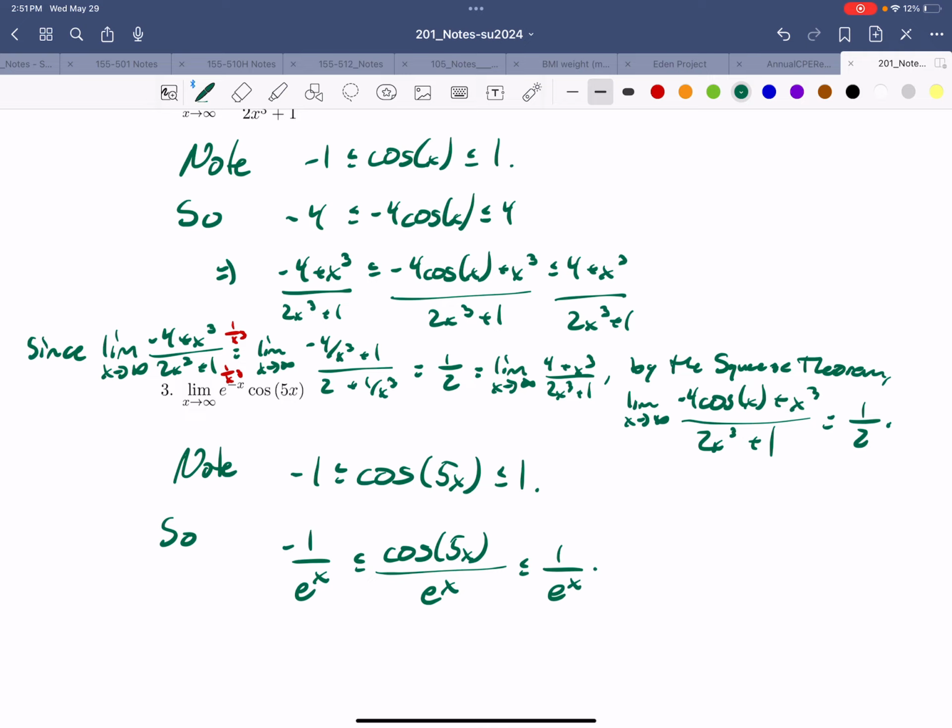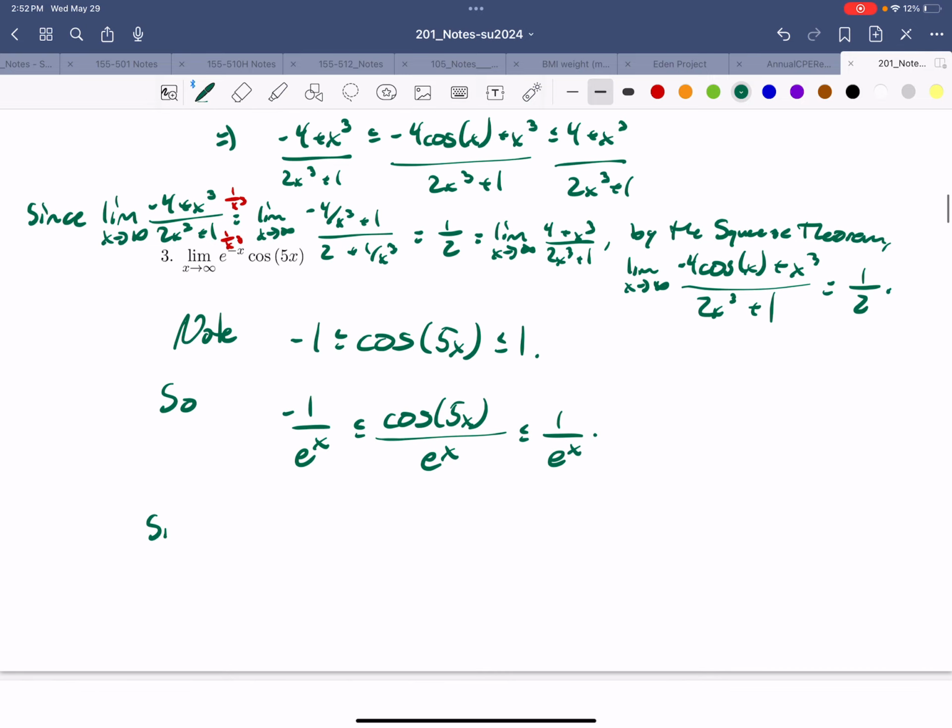And sure enough, since limit as x approaches infinity, I think this is pretty clear. You can kind of do this in one shot, no steps really required.